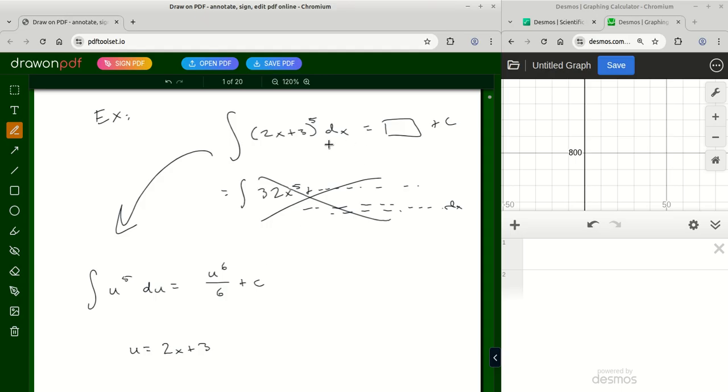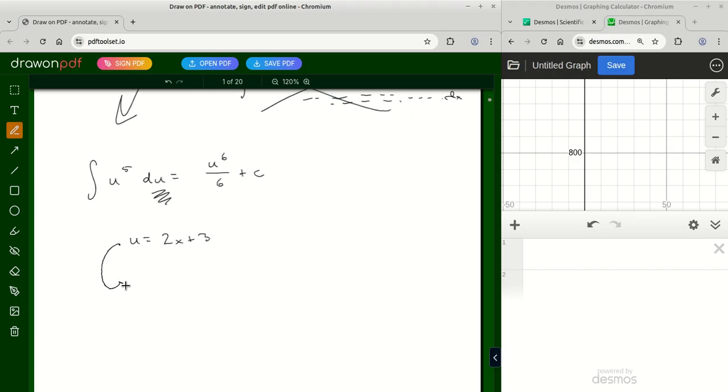Notice that I went from a dx to a du, and that's the easiest thing to forget when you're going through these problems. If I had a u, then I have to find a du as well. What's the derivative? The d means derivative, right? This is 2. But because this is implicit differentiation, oh, you totally remember that, don't you? We're going to have a dx there.